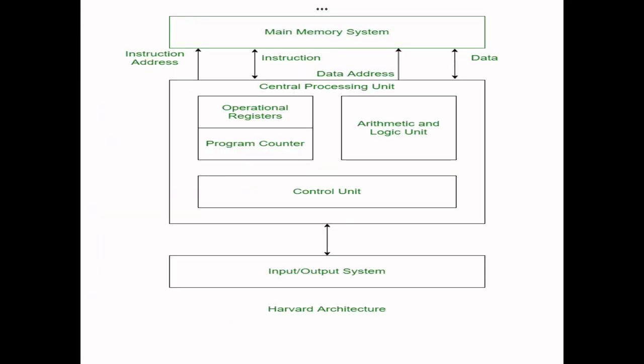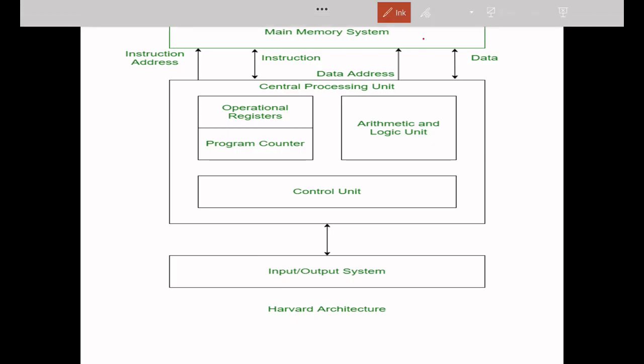Now if you see here, before it was shared. Now you can see for data there is one bus, and for the instructions there is another. So there is a separate bus for instructions and data in the Harvard architecture. All other structures are the same.